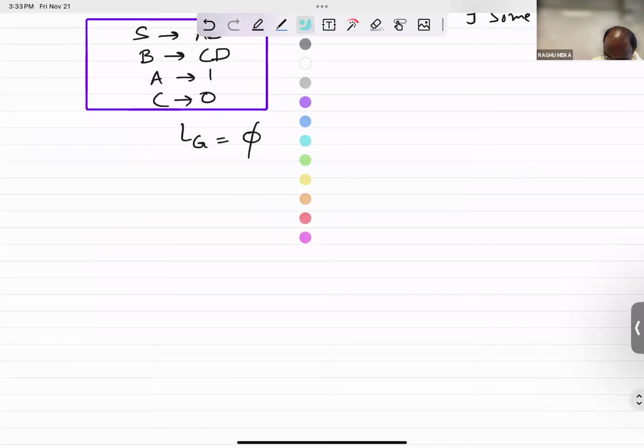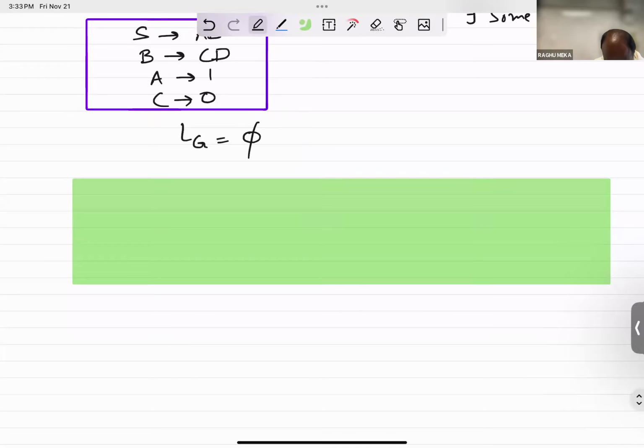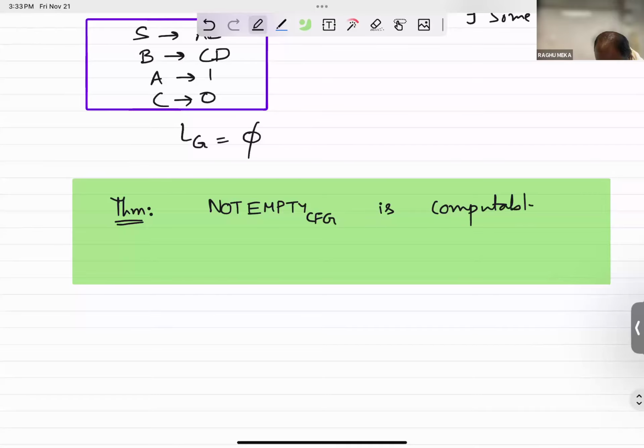And the cool thing is, unlike for Turing machines, not empty CFG is actually computable. There is an efficient algorithm which can check if the language generated by a grammar is empty.